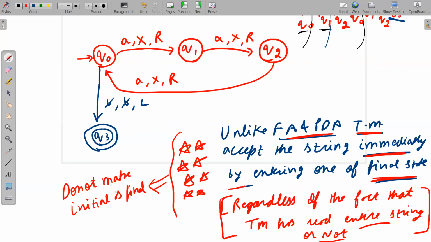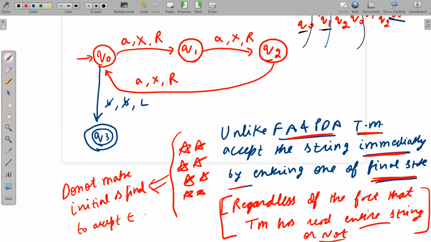Because if you make the initial state final, no doubt it will accept the null string, but every other string will be accepted blindly, because as soon as the Turing machine reaches the final state, it accepts the string immediately, regardless of whether it has read the entire string or not. So do not make the initial state final to accept the null string.